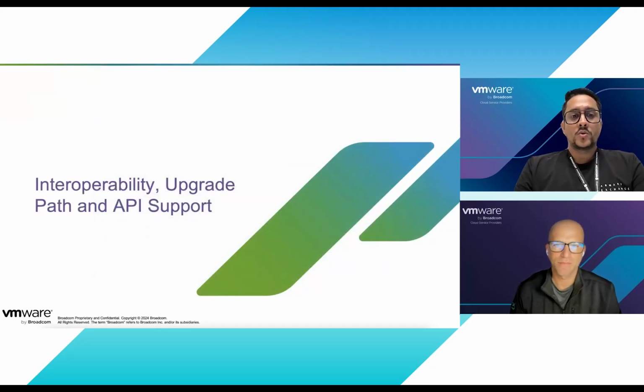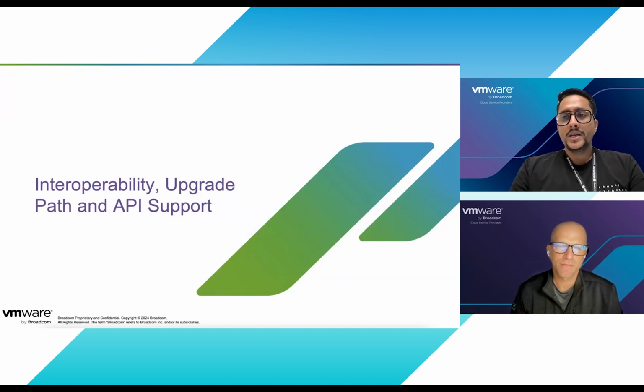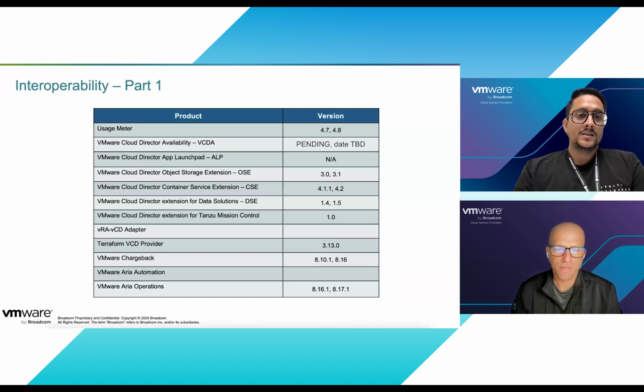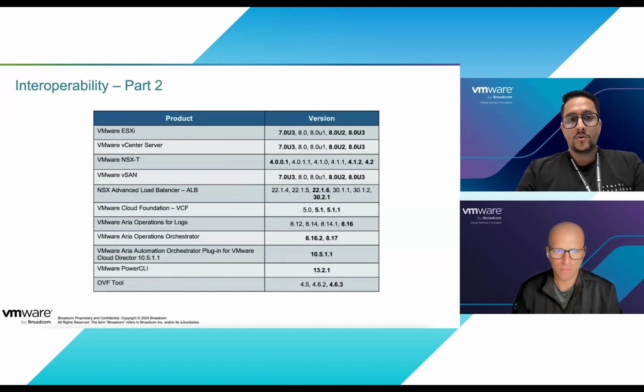All right, so let's now look at the interoperability, the upgrade path, and the API supported with this release. From the interoperability perspective, these are the products and versions which are supported with VCD 10.6. And this is part 2 of other products supported with VCD 10.6.